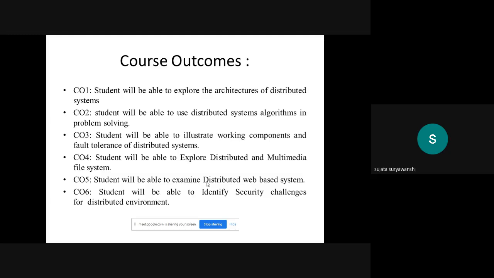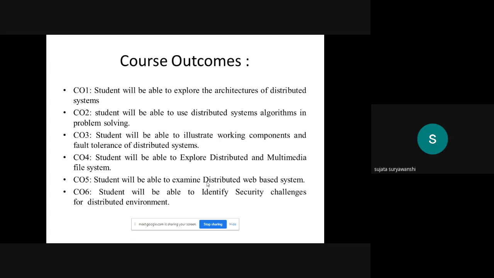Okay, then the next one is the course outcomes. Means at the end of the semester you will be able to know all these concepts. That is what is meant by the course outcome. First one is the outcome from the first unit of your syllabus. After completion of the first unit you will be able to explore the architectures of distributed system.